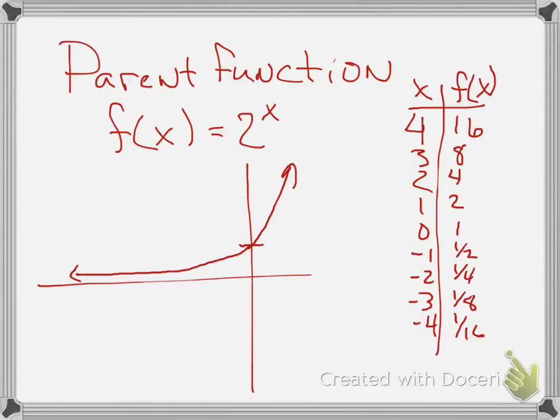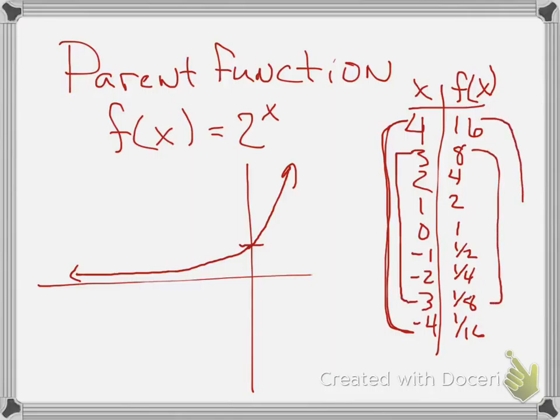But notice here, the positives and negatives are kind of reciprocals of each other. So even as positive 3 and negative 3 are inverses, so is 8 and 1/8. One is like an additive inverse, where the other one's a multiplicative inverse, because again, negative exponents give you that reciprocal.